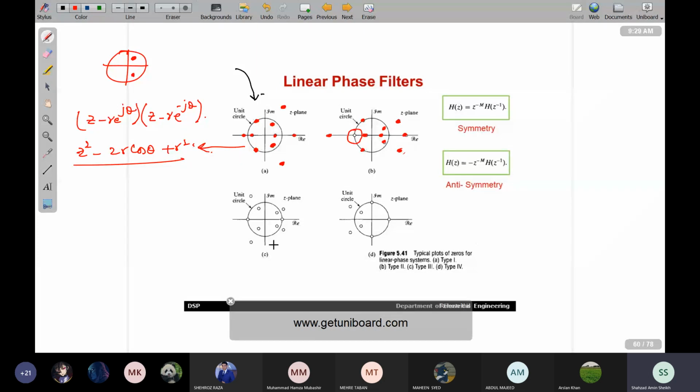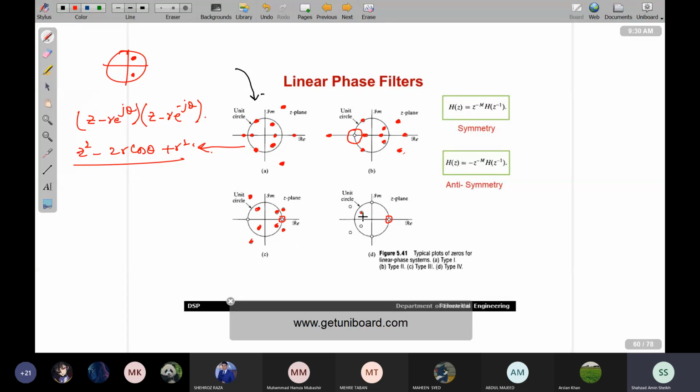Then C को अगर आप देखें, there was a restriction in type 3 and type 4 filters that there is a zero at z is equal to +1. And all other things are same. This zero is coming from the group of 4 zero because this zero is not complex zero, not on the unit circle.